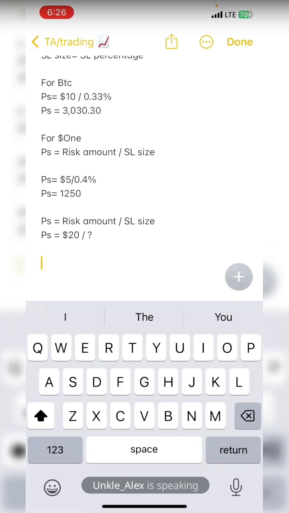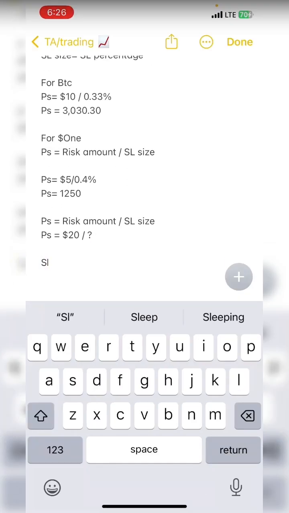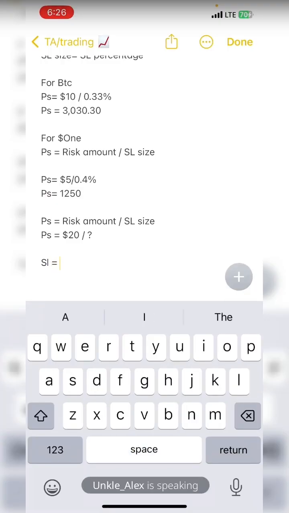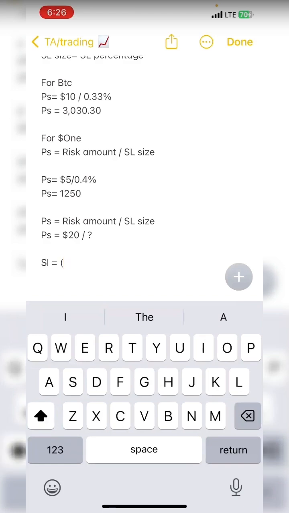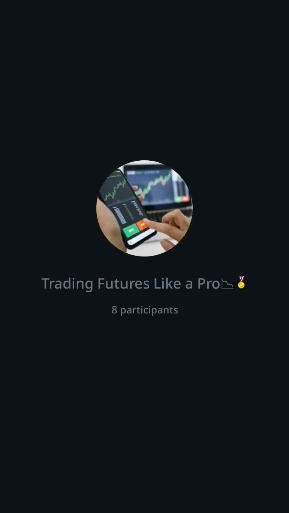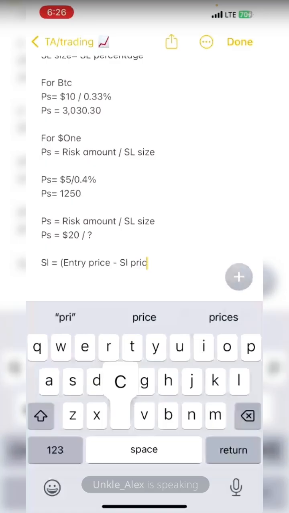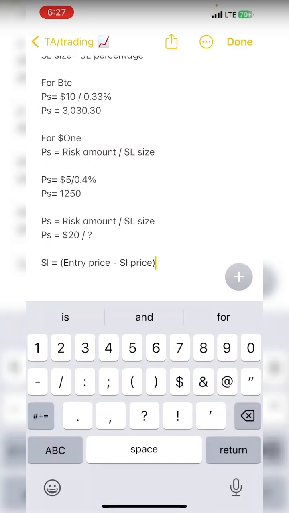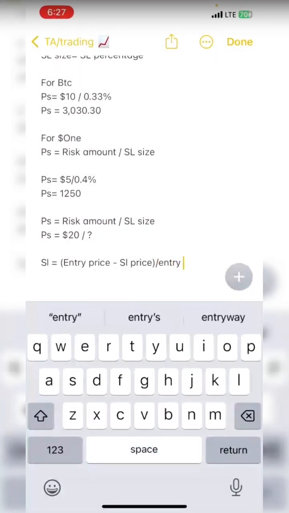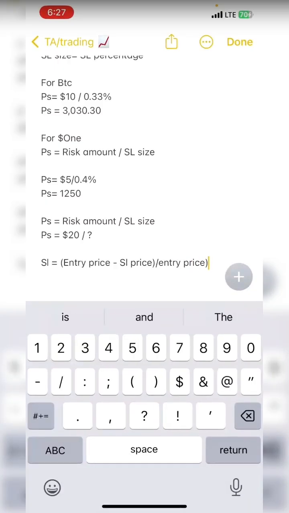Now, the formula for getting SL size is entry price, open brackets, entry price minus SL price, close brackets, divided by entry price, times 100 since it's a percentage.